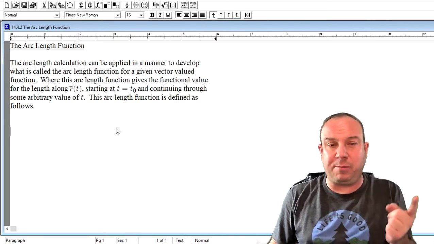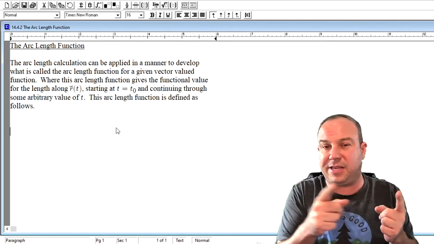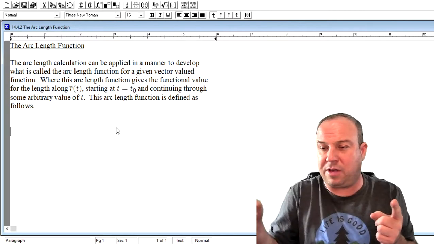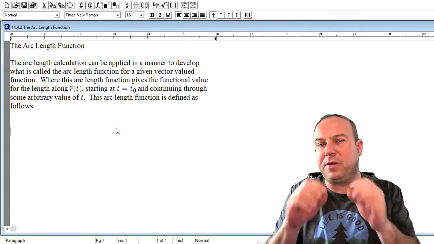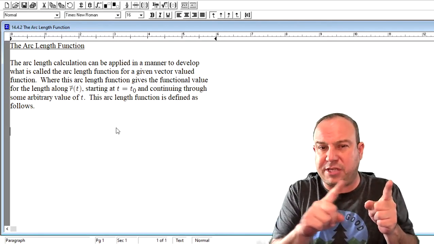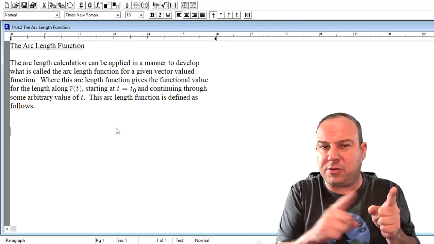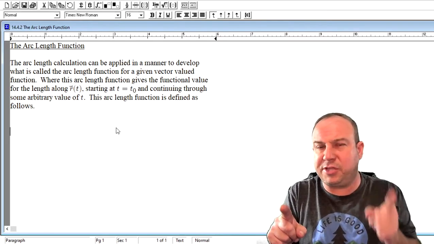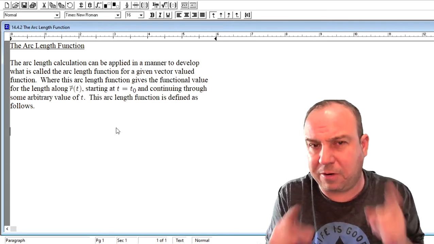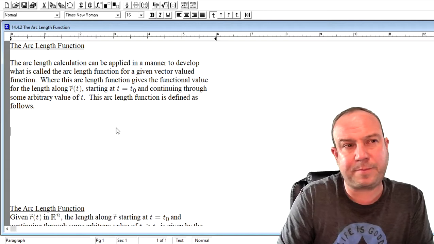From some starting point on the curve to some arbitrary point, which could be at any point along that curve, there's going to be a length. And we're going to build a function that will tell us that length for any arbitrary value of t, right, from some starting position at t null, right? That is what this function is going to give us here.